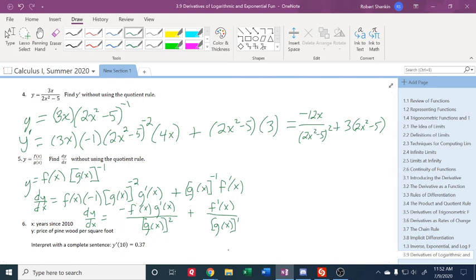I want common denominators. So I'm going to say, well, geez, let me get rid of this first power because it kind of looks like a prime. Get kind of confused there. All right, so we're going to say times, we need another g of x on the bottom.